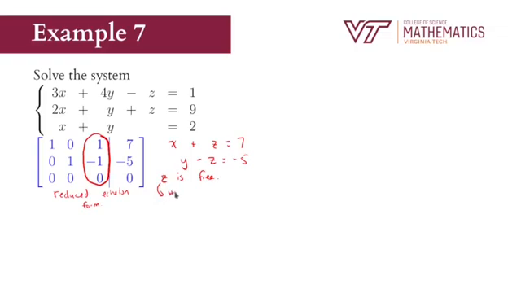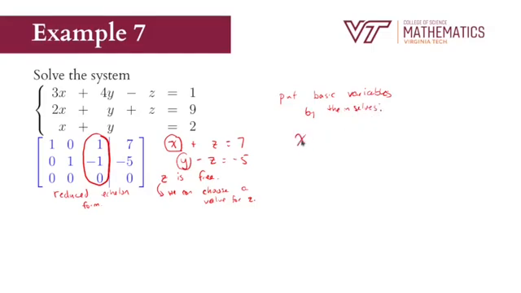So we can choose a value for z. But we're not going to do that just yet. What I'm going to do is rewrite this equation so that the basic variables are by themselves.